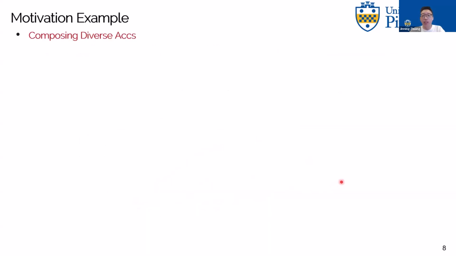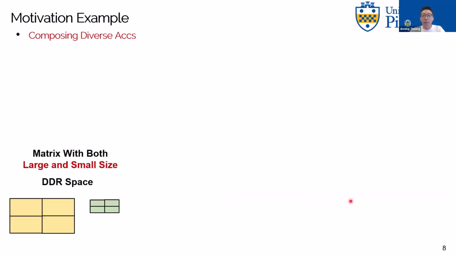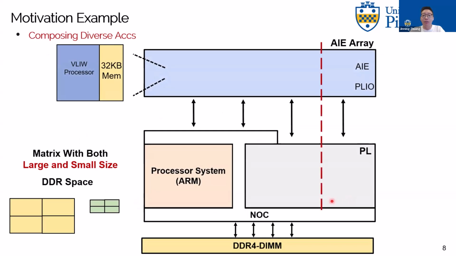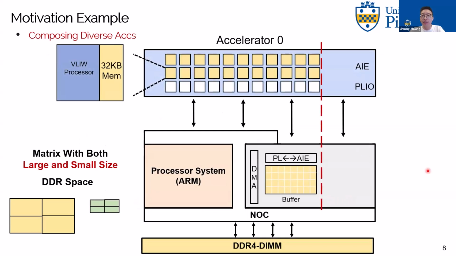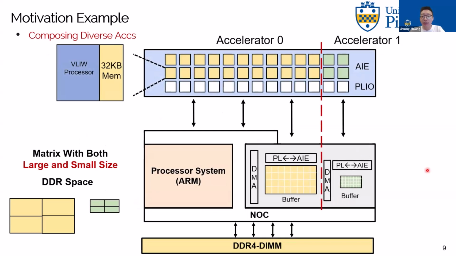So in this work, we propose an idea to compose multiple diverse accelerators together. By designing specialized accelerators for large and small matrices separately, it is capable of avoiding the huge amounts of invalid computation and communication.